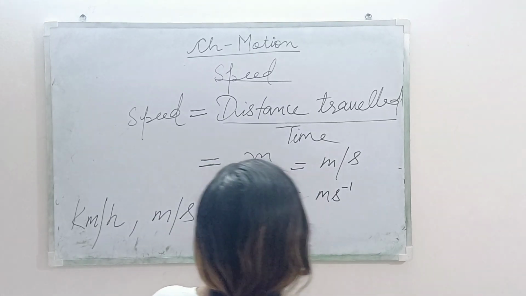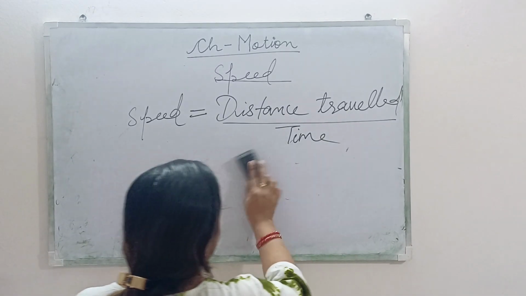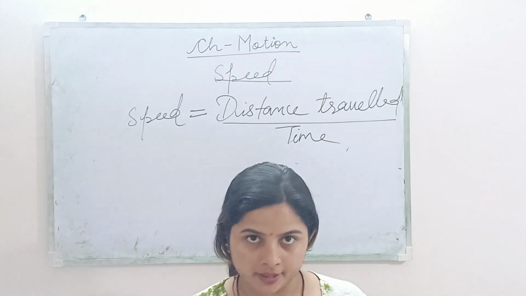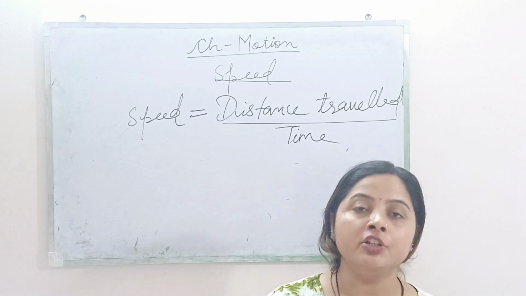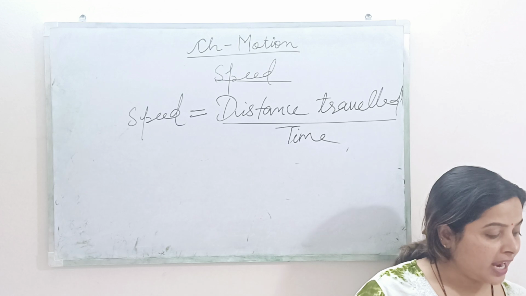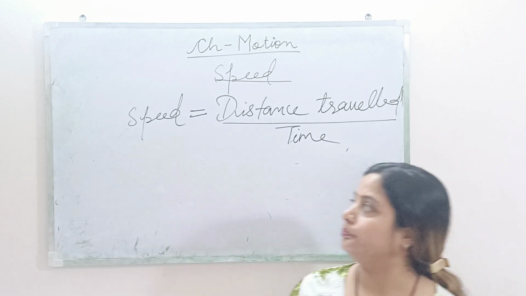Now the next thing, children. In your vehicles, there is an instrument which shows the speed of that vehicle. And what is the name of that instrument? Speedometer. It is given in the book also.